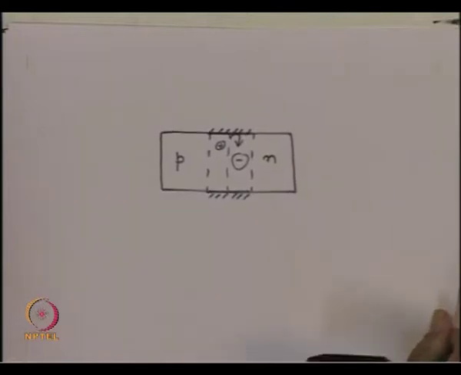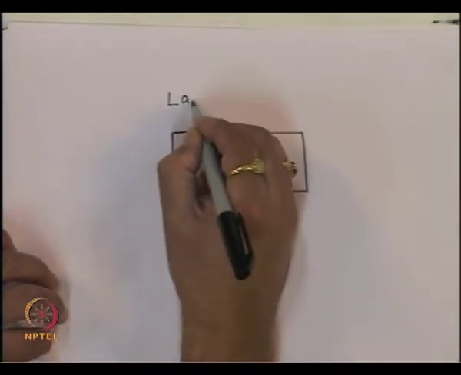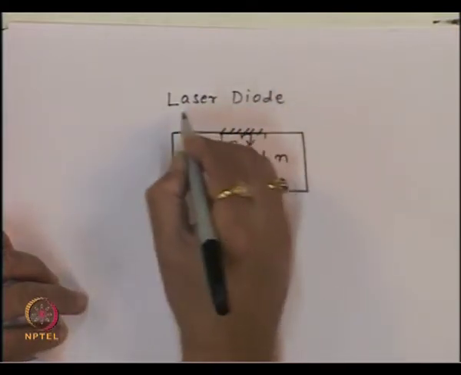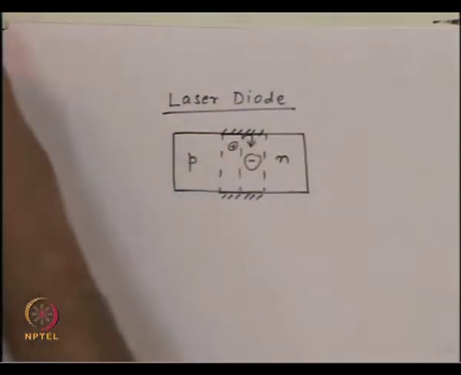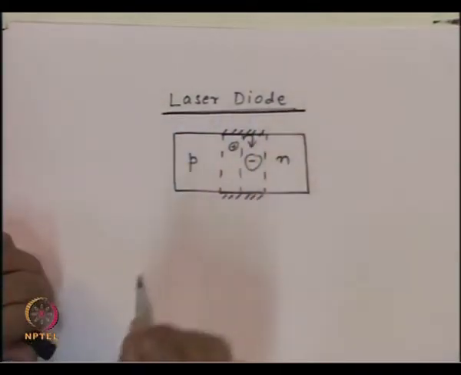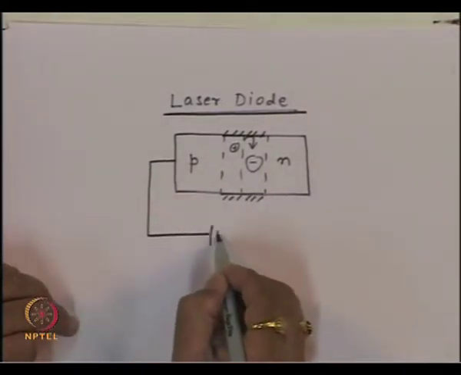So, now if I look at the characteristic of the laser diode, essentially the characteristic would look something like this. Firstly, I take this device, what is called a laser diode, and this is the PN junction which is forward biased.